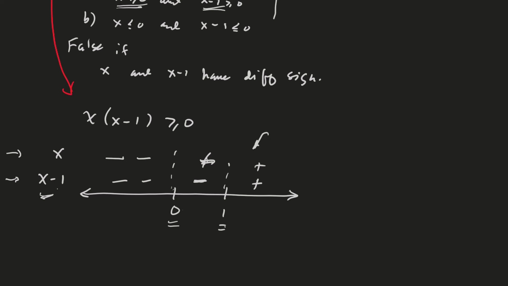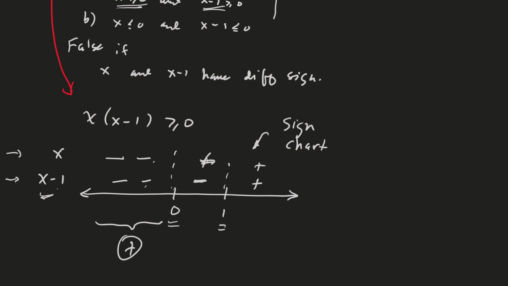Okay, so this thing right here is called a sign chart, and it helps us figure out quadratic inequalities, because now we see, in this region, x is a negative factor and x minus 1 is a negative factor. Negative times negative is positive, and so that region works for our inequality.